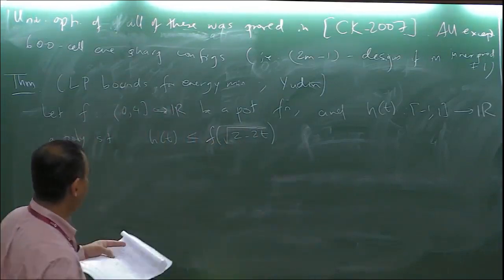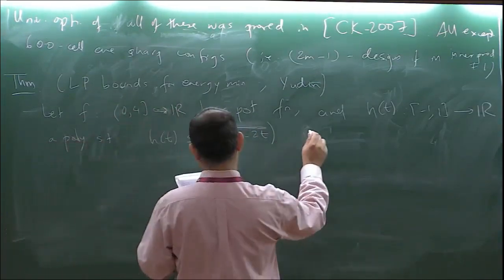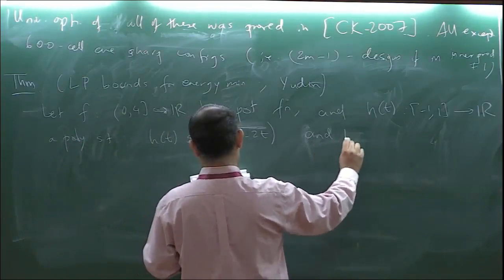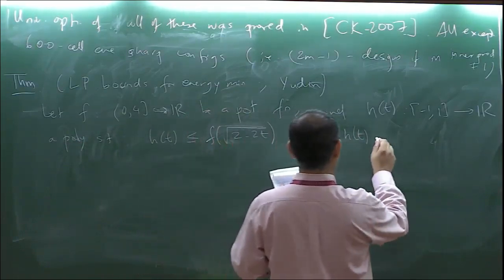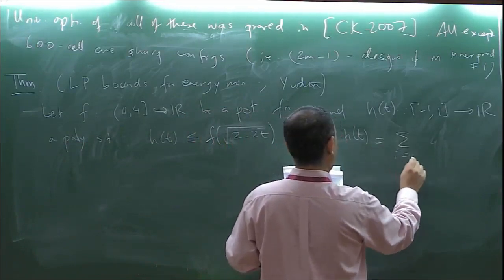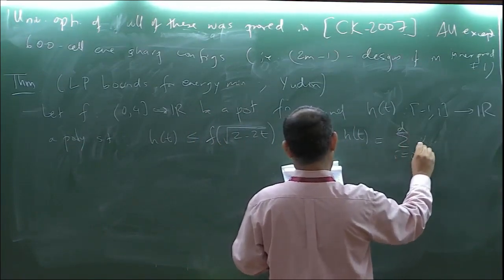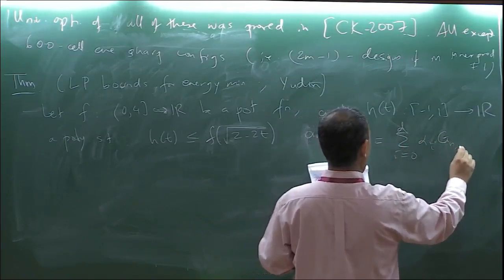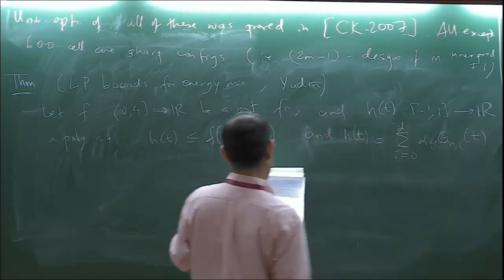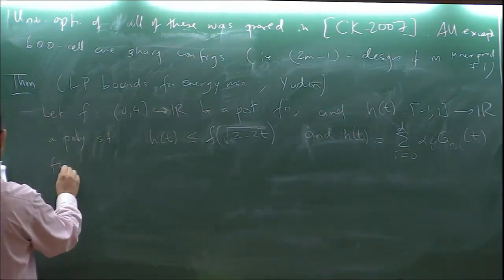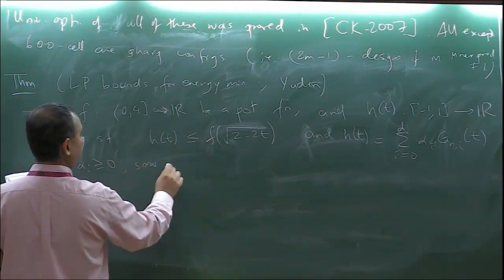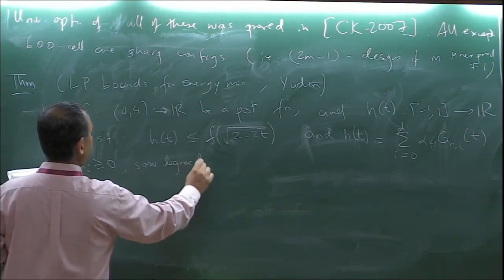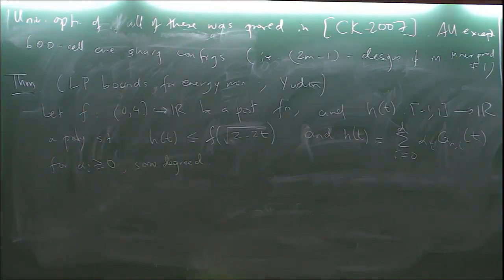So h lies below f, once you make the change of variable. And the other thing you need is that h is positive definite, essentially. So h of t is the sum for i from 0 to d of alpha i times the Gegenbauer polynomial g sub i of t, for alpha i greater than or equal to 0, some degree d. So it's a polynomial. You want all the Gegenbauer coefficients to be non-negative.